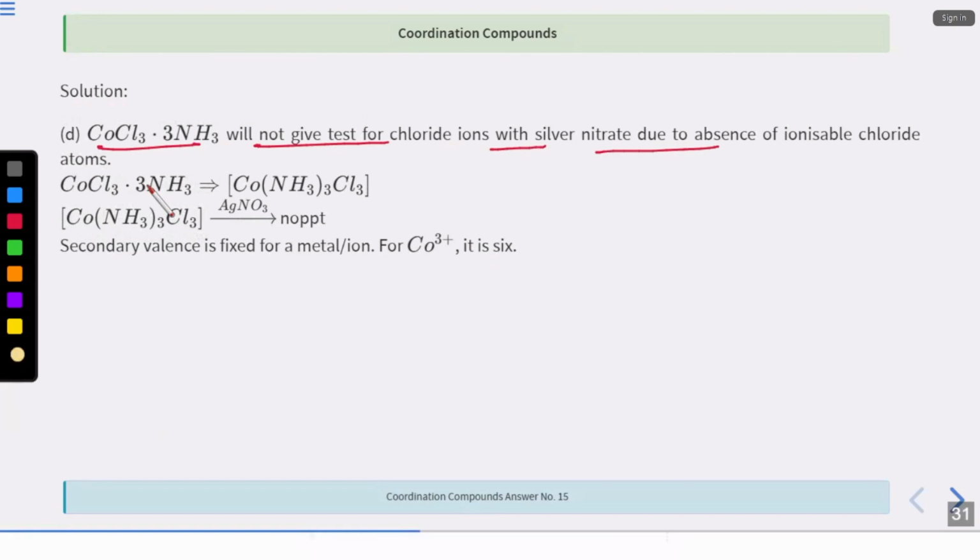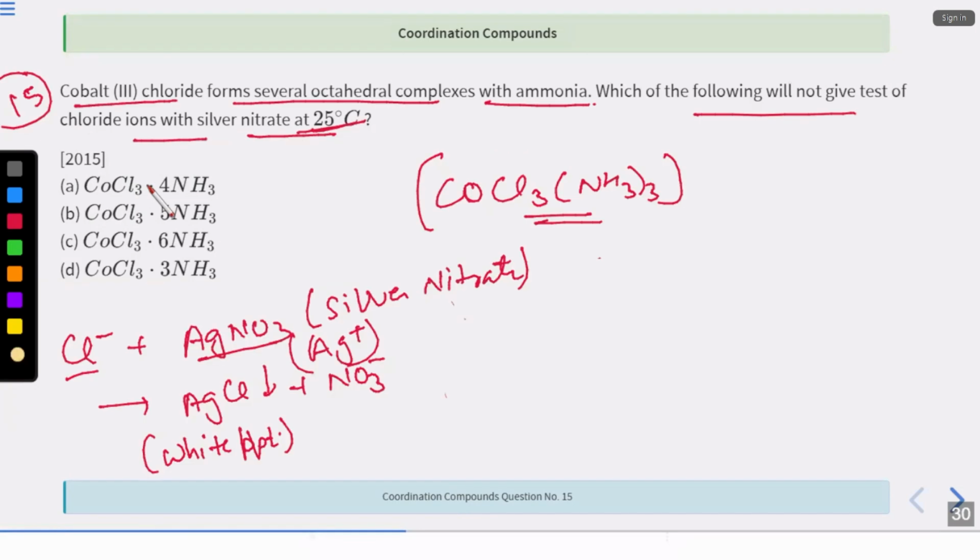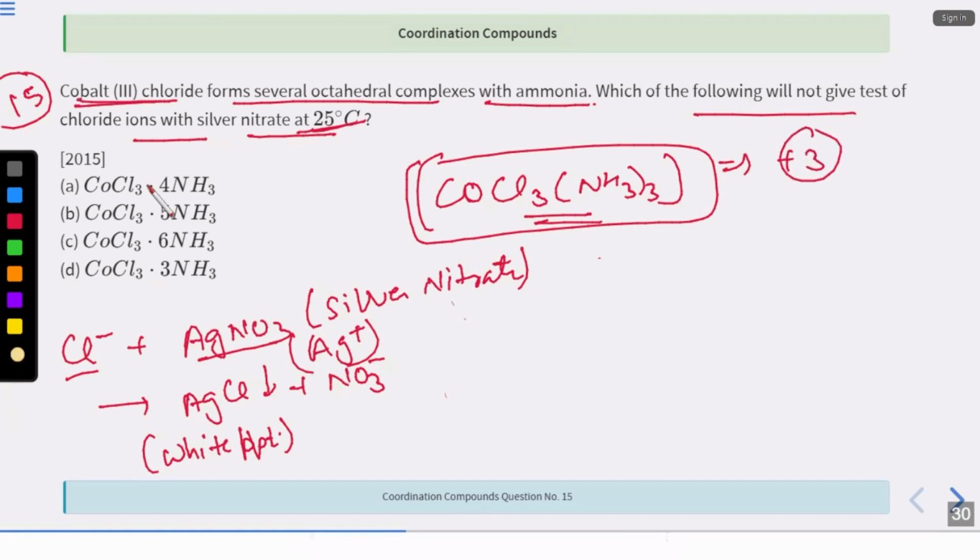Because as I told you, this compound CoCl3·3NH3 is a coordination compound where cobalt is in plus 3 state. And it is saying that cobalt 3 chloride forms an octahedral complex with ammonia. So with this forming an octahedral complex, it is sure that it will not dissociate into ions.